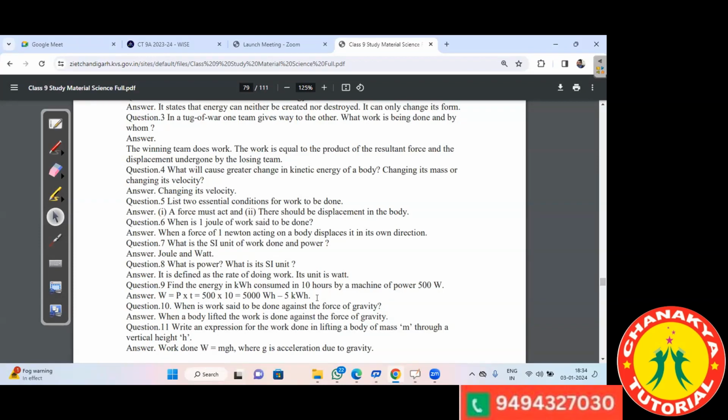And if you're not able to get it, then tell me. Siddhisri, have you got the answer?